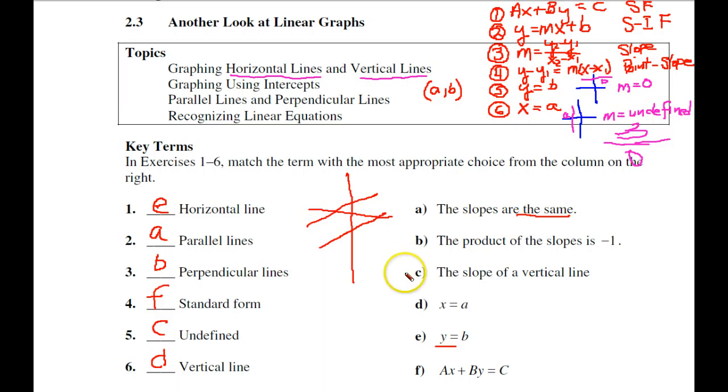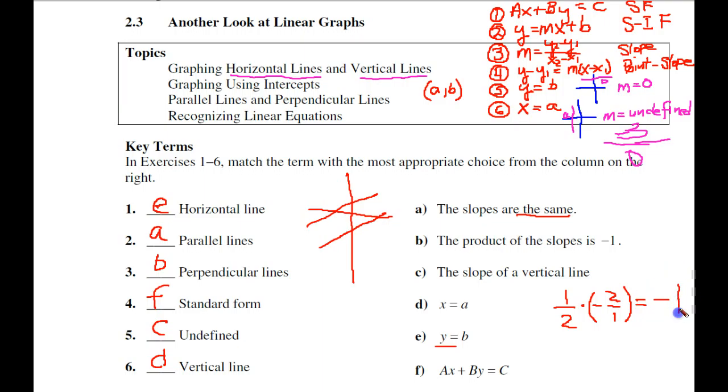Perpendicular lines, and we'll be going over that as we go through the lesson, or we've done it, depending when you view this, is if we have the slope of one is, let's say, 1/2, and the slope of the other line is -2 over 1, and you were to multiply these slopes, the product of that is -1.